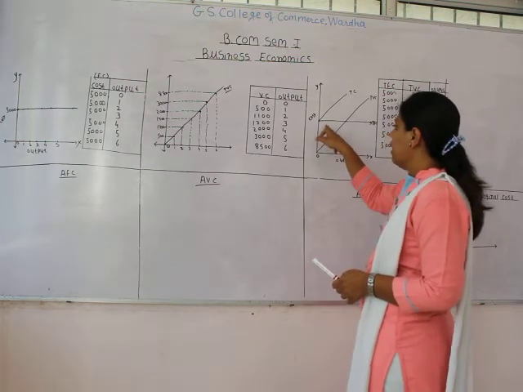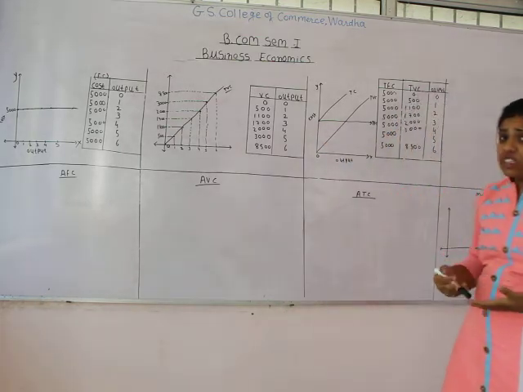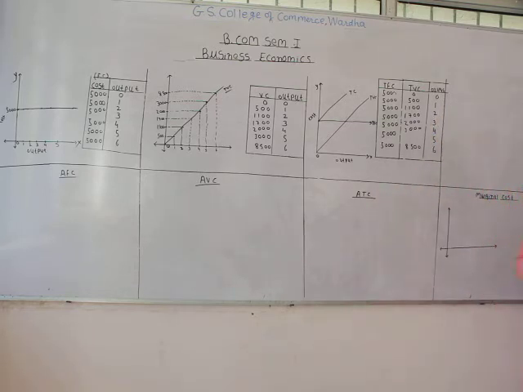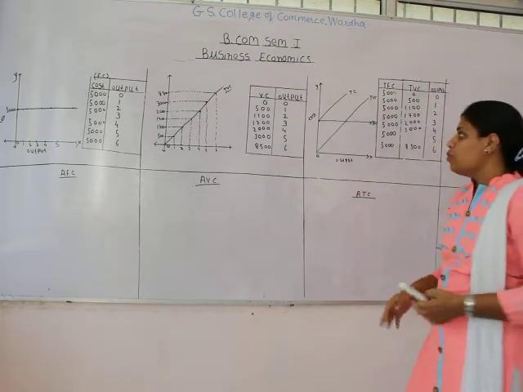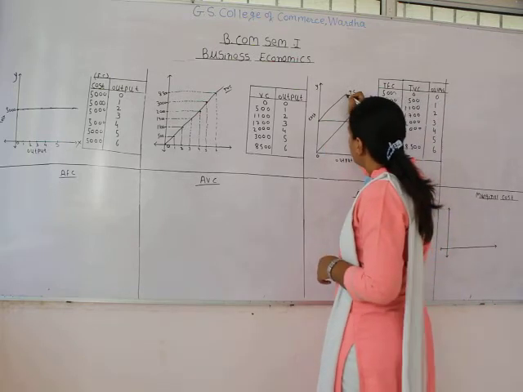As total cost consists of both total fixed cost and total variable cost, it will never start from 0. It will start at the point where the fixed cost starts, and as it consists of some portion of variable cost, which increases with increasing output, the total cost curve goes upward.